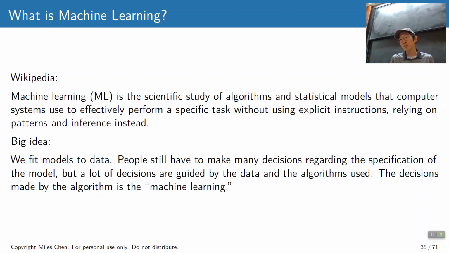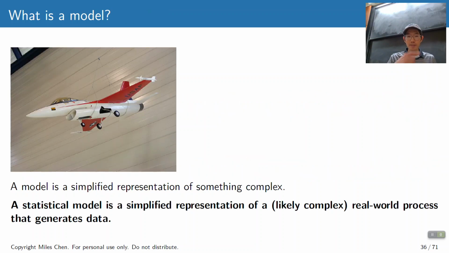Algorithms are basically just instructions. When you follow these instructions, when you follow the algorithm and decisions are being made by following them, that is the machine learning.